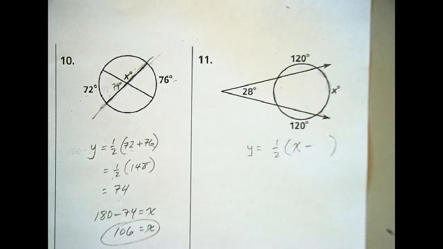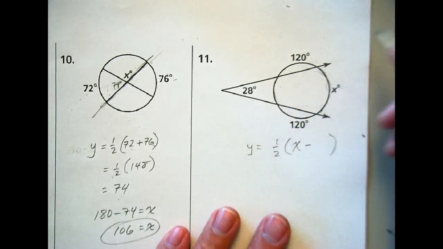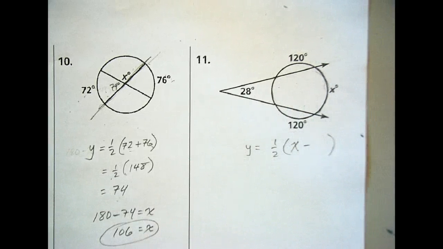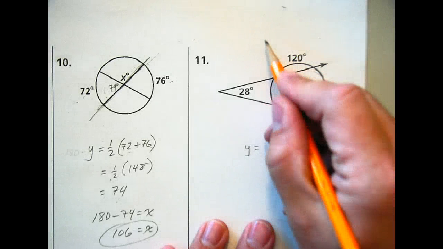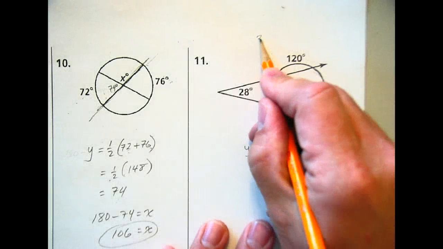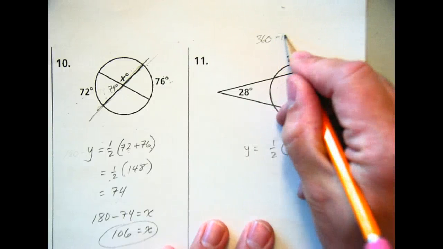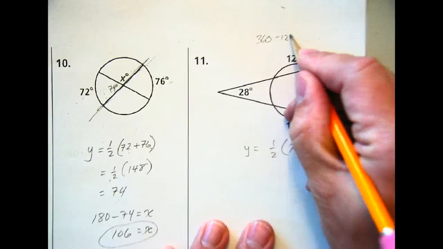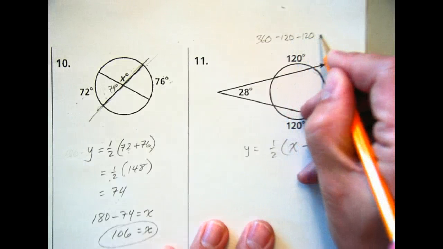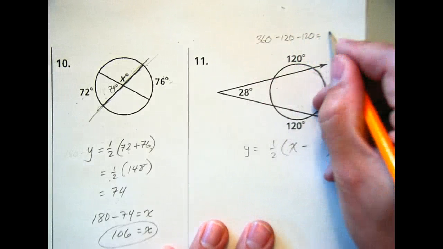120 minus x. What's that? 220? How did you get 220? 360 minus 120 minus 120. Okay, so you took 360, you subtracted 120, minus another 120, equals 120 minus x.